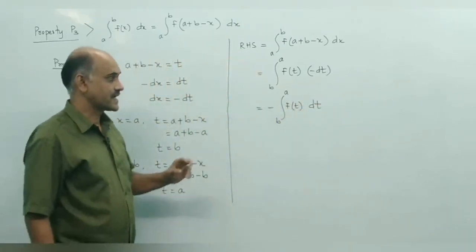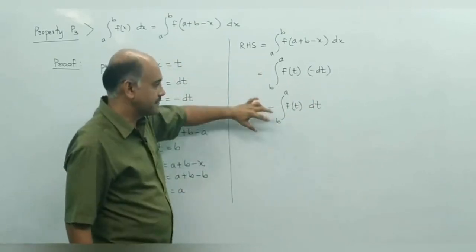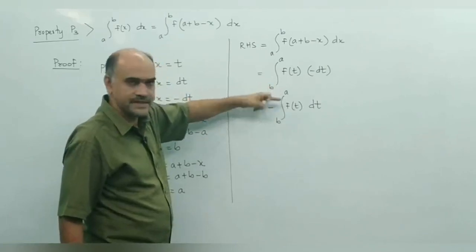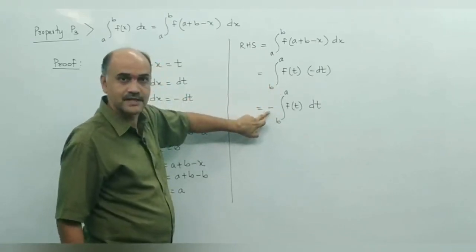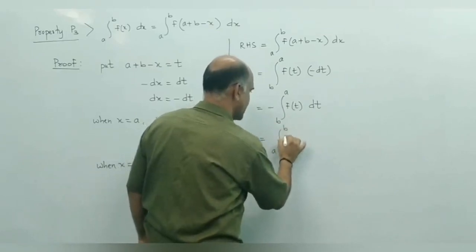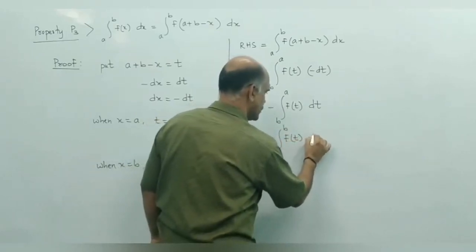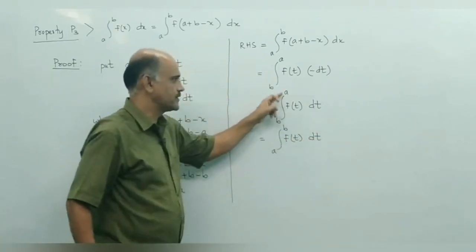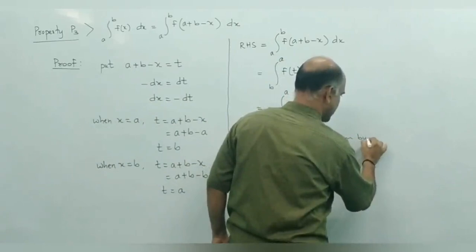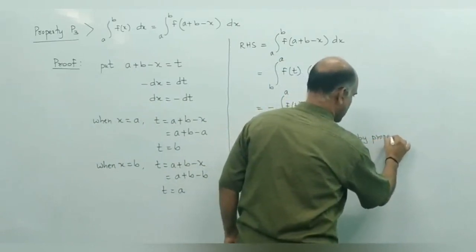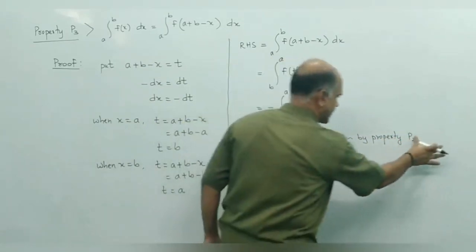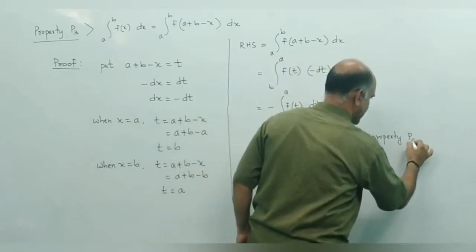Now if you see the second property, that is by property P1: if you interchange the limits, the sign changes, so this minus becomes plus. So this is integration a to b f of t dt. Instead of b to a it becomes a to b, by property P1, that is the second property.